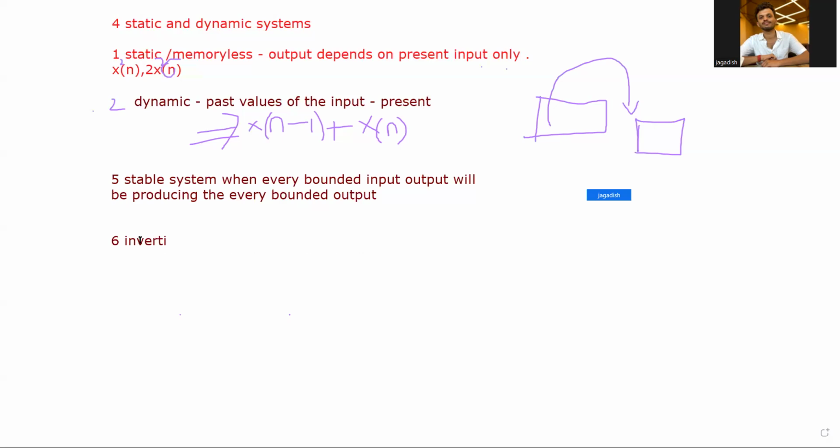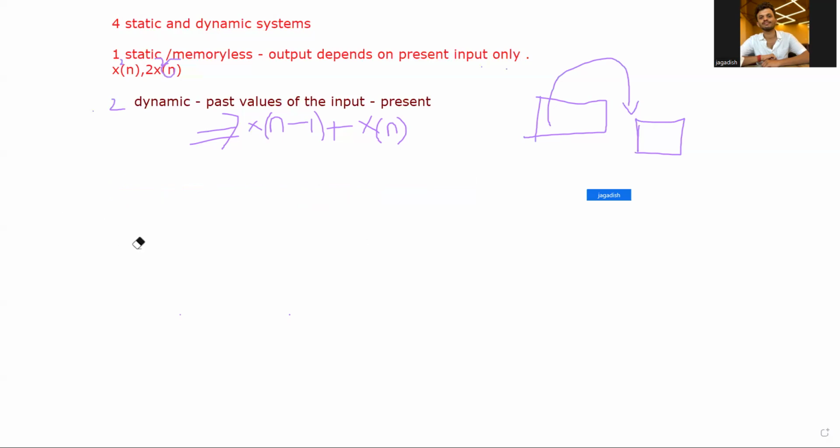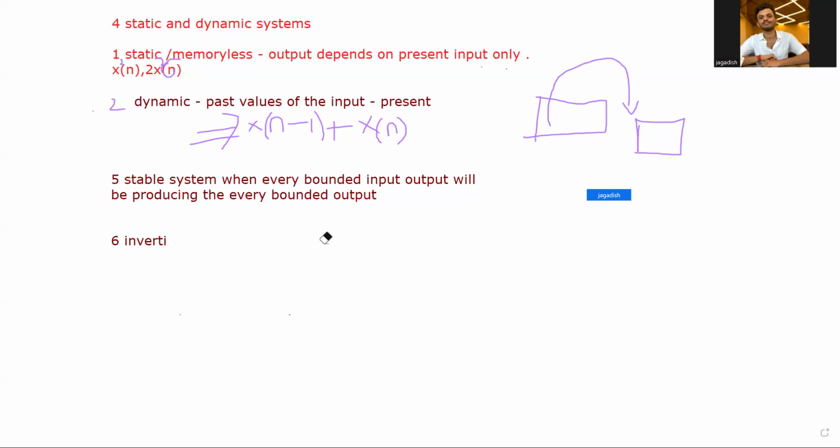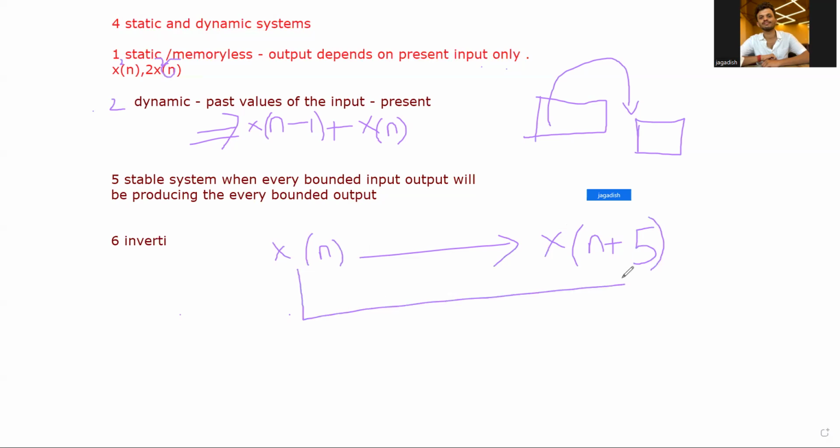So the invertible system, I've written this. A system is said to be invertible if there is a unique output for every unique input. So if I give x of n and I am getting a different output, like x of n plus 5, then we will call that system invertible. So write down the definition of invertible. A system is said to be invertible if there is a unique output for every unique input.